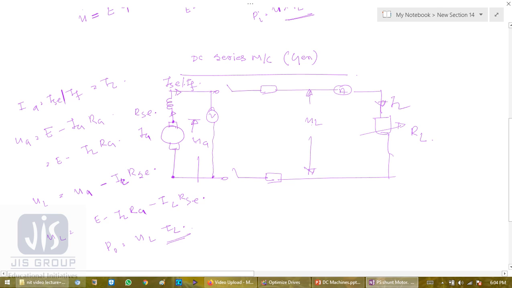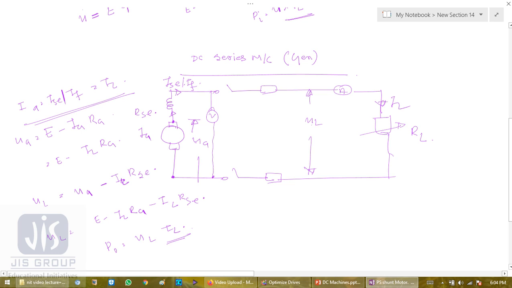Okay, so if you see here, IA equals IF equals IL. The field current is either equal or proportional to the load current. So any change in the load current causes a change in the field current, and field current is responsible for the production of flux. When the machine is unsaturated, the flux produced will be directly proportional to load current or armature current.